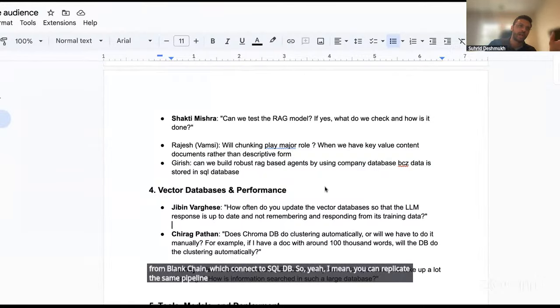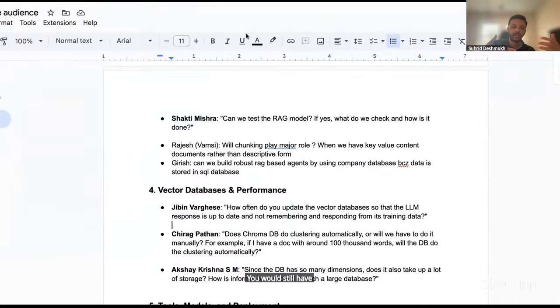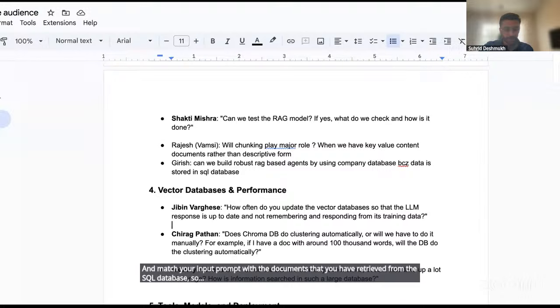Essentially, what you would still have to do is create this vector embedding type of a search where you query the documents from your SQL database and match your input prompt with the documents that you have retrieved from the SQL database. You'll still have to have this step of converting your documents in your SQL database into a vector embedding for semantic search.